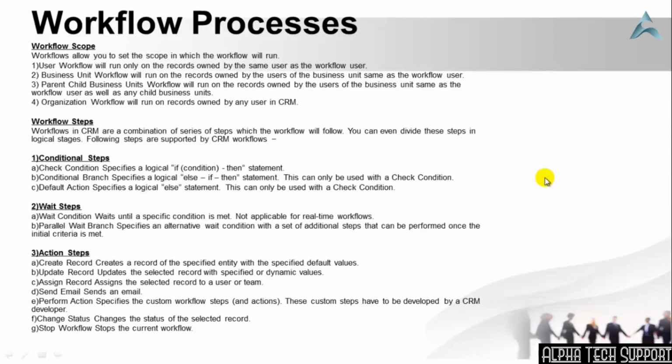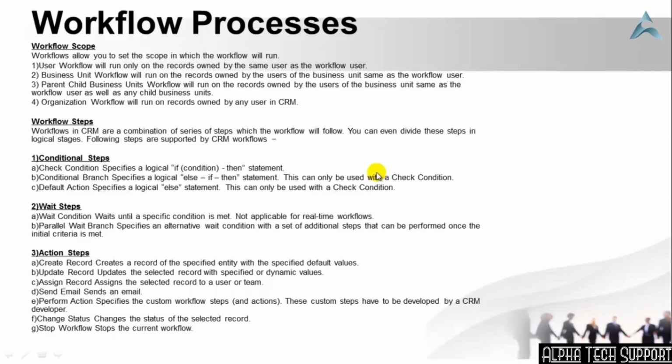Whenever you need a certain application to be configured for a specific requirement, at that time you have to create a workflow and trigger it based on the messages, or we can say based on the events. And you have to decide the scope, and you have to mention the steps within the workflow as well.